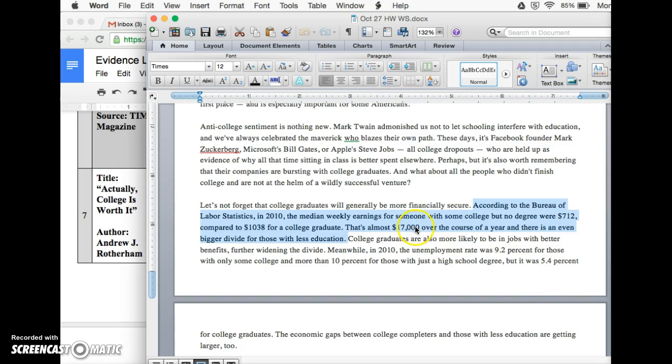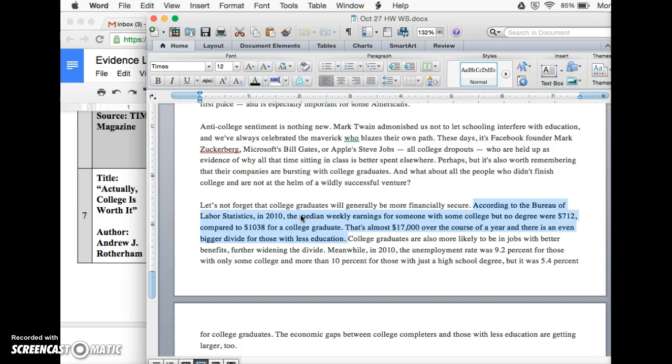So $17,000 over the course of a year between college grads and non-college grads. Okay? So I want to add this also to my evidence log to make sure that I'm using the most powerful evidence that I can to support my subclaims.